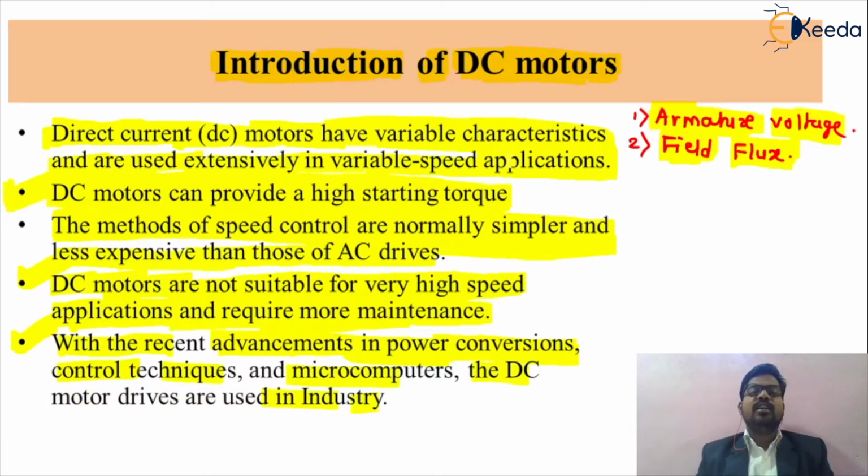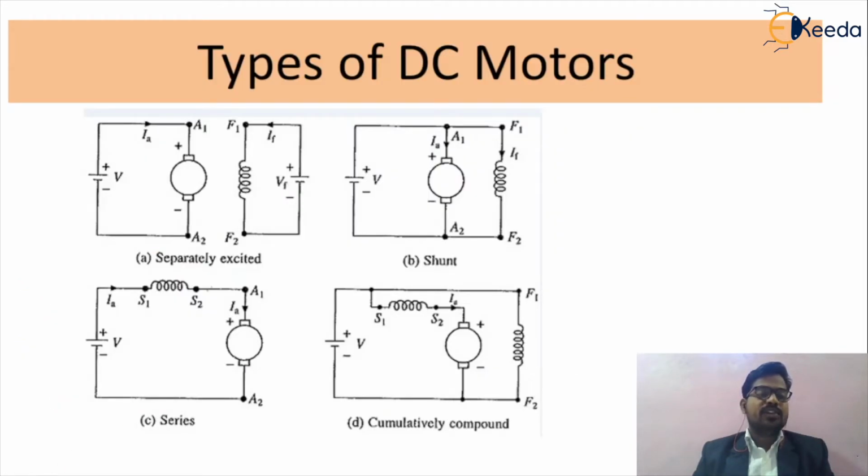By using different power electronics equipment, the latest technology for power converters, such as rectifiers, inverters, and choppers, along with microprocessors, microcontrollers, and PLCs, DC motor drives are used in various industrial applications.